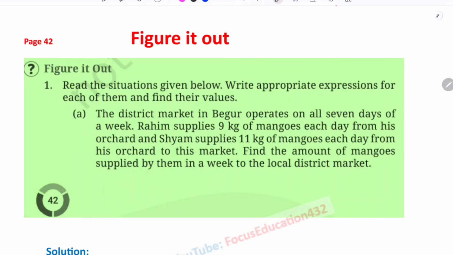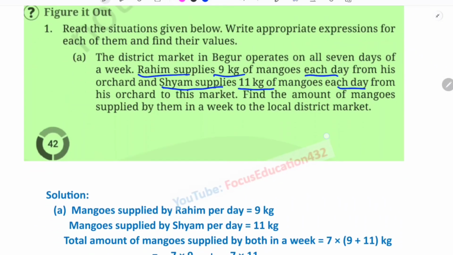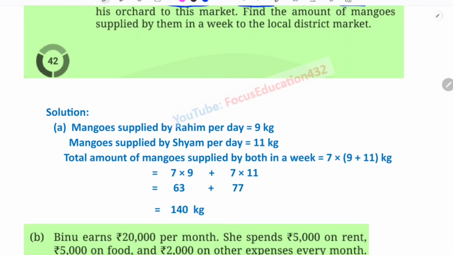So who are supplying the mangoes here? One is Rahim supplying 9 kg mangoes each day. Orchard means something like a fruit garden, or fruit trees in a garden. So Sham supplies 11 kg of mangoes each day. So we can easily write this one.